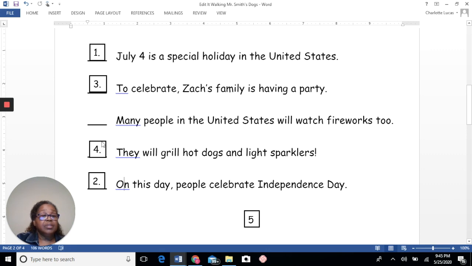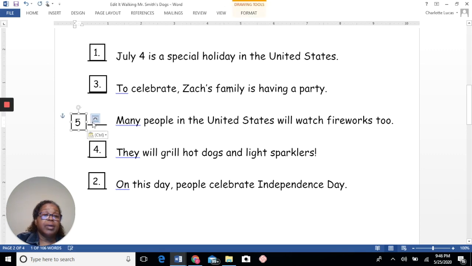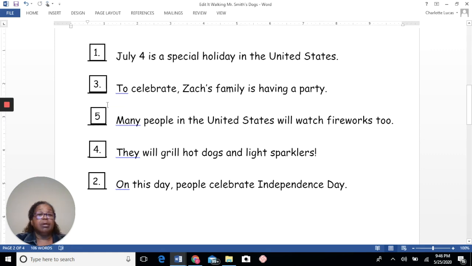And then the last sentence, many people in the United States will watch fireworks too. We can make that the 5th sentence. And now we can read our paragraph and see if our paragraph makes sense in this order. All right, I'll go from 1 to 2, 3, 4, and 5.